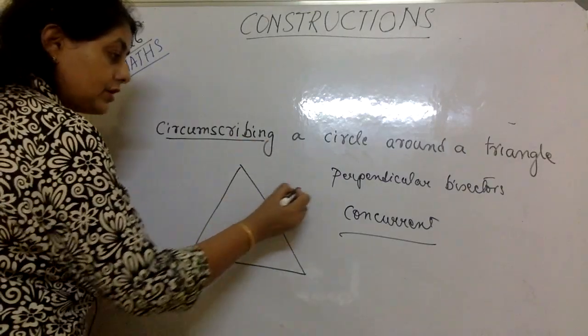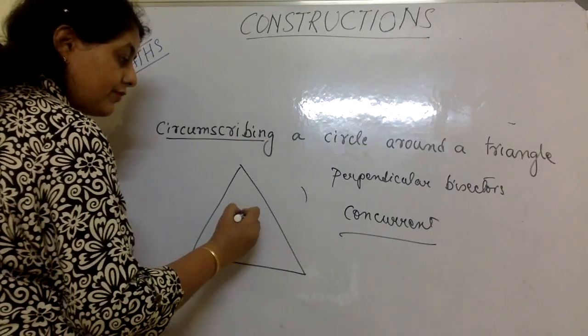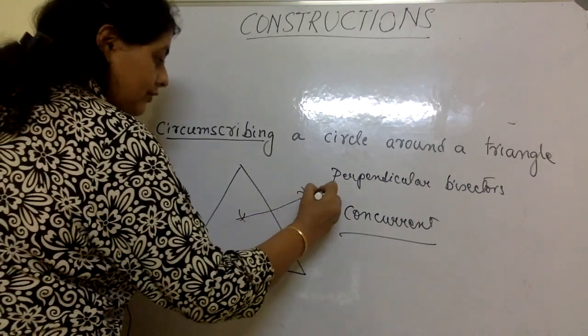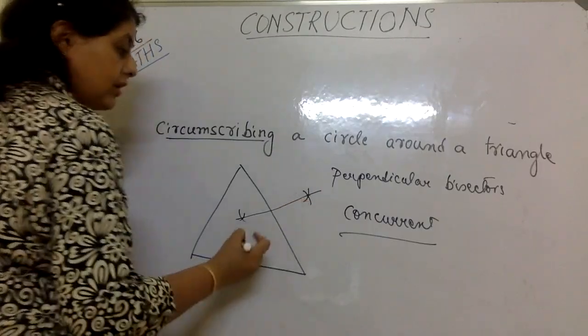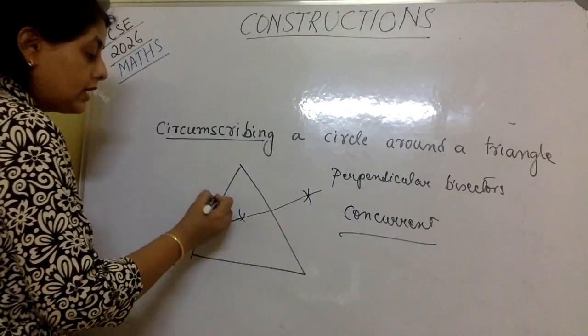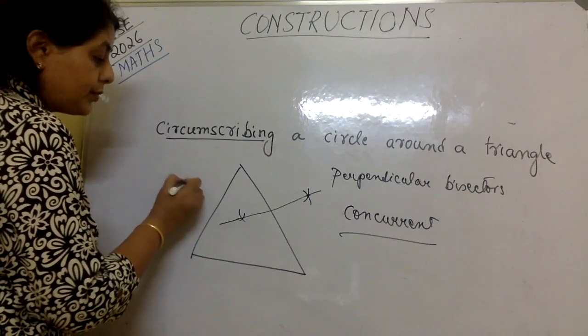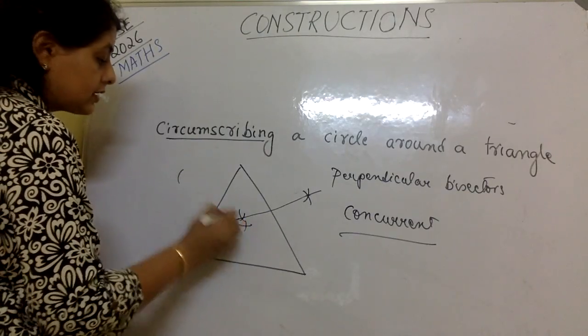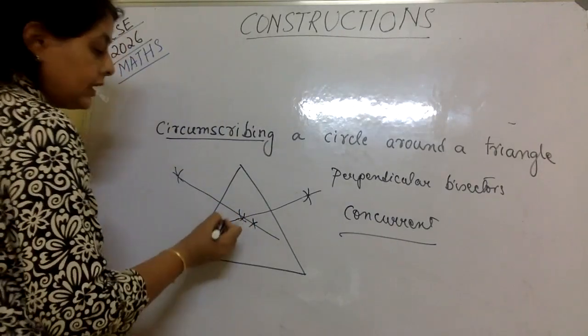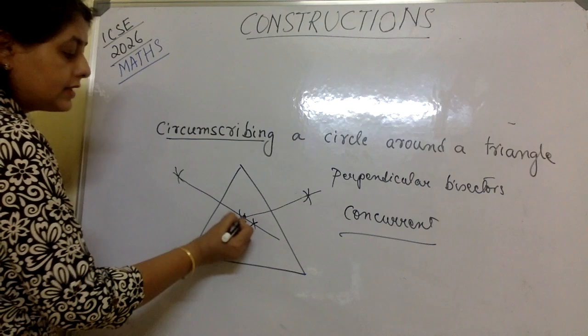So here we draw the perpendicular bisector. Just before this also I taught you the perpendicular bisector. So you have to join the two arcs. You get one perpendicular bisector, extend it a little bit, and draw one more perpendicular bisector with the arcs. They come and meet at this point.